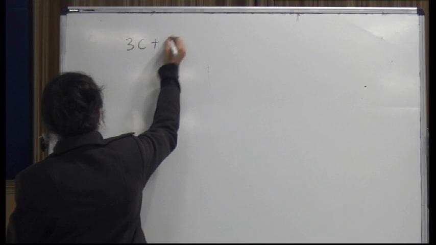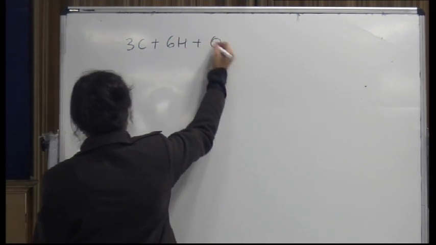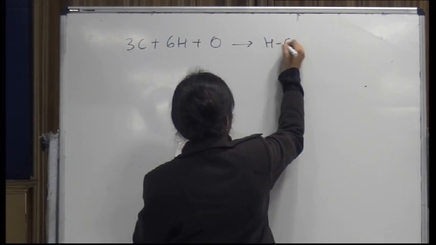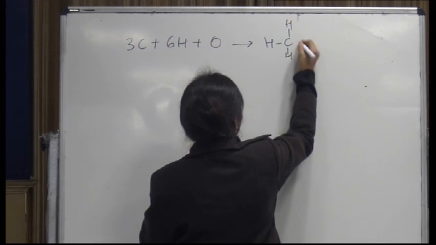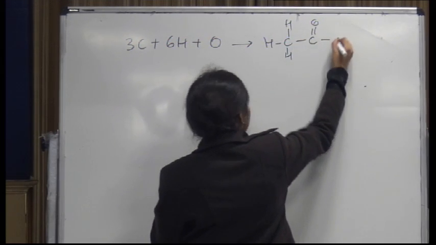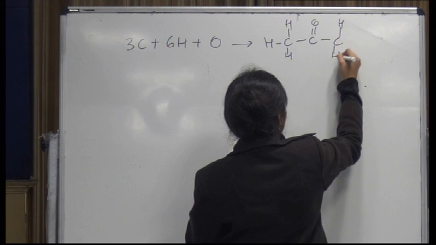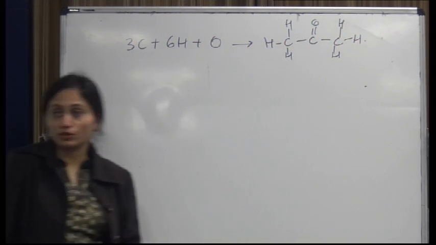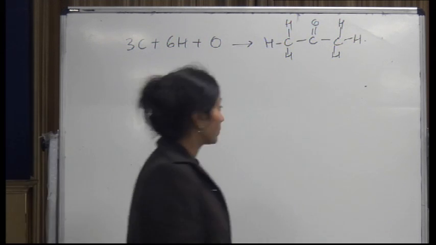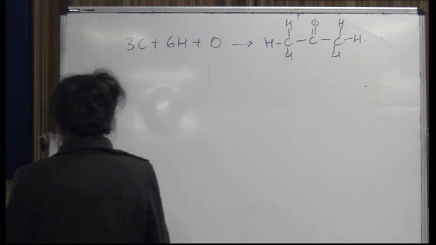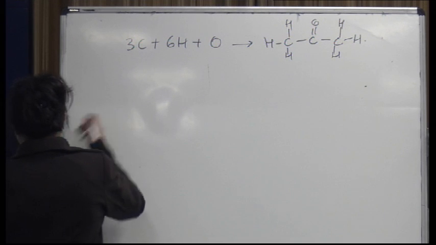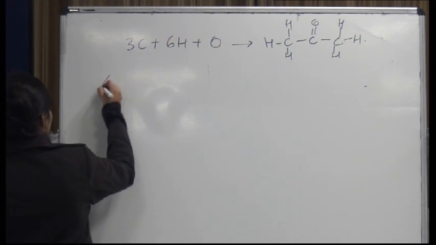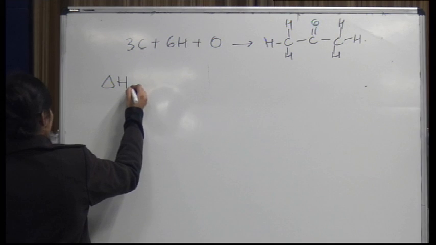For example, if I am giving you a reaction of 3C plus 6H plus O giving you CH3, C double bond O, CH3. That's acetone. This you will anyway be doing in organic also. Now what we have here is the delta H of formation.